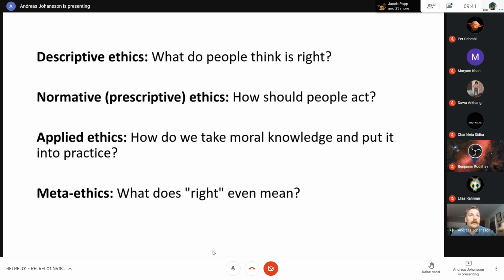So remember from last week when we talked about absolutism and relativism, often those types of questions tend to have a meta dimension. So when we say something is objectively right or wrong, then we need to define, all right, what is right and wrong then. That's when we talk about meta-ethics.